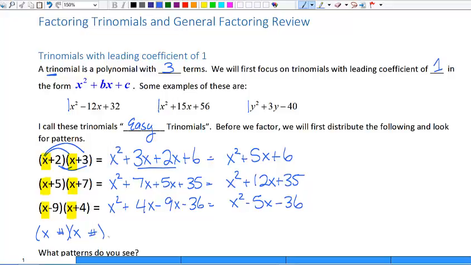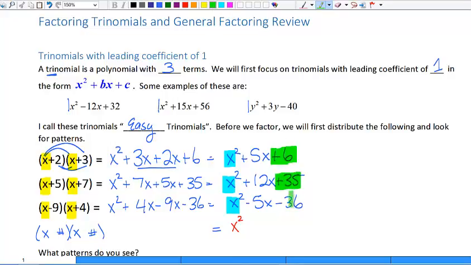Okay? So if we're trying to connect our original problems to our final answers, then I want to go to the final answers and see if you can find any patterns there. Often my students will say, well look, the first one is always x squared, and that is true. So this first one's always going to be x squared in these easy trinomials with leading coefficient of 1. Another thing that my students will see is they'll look at the last term.